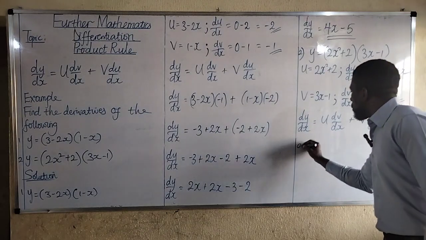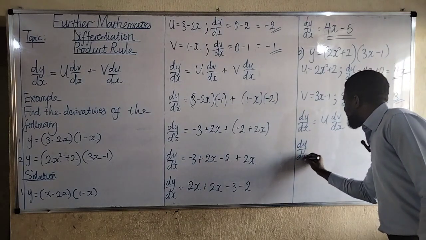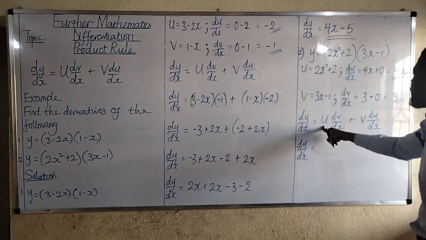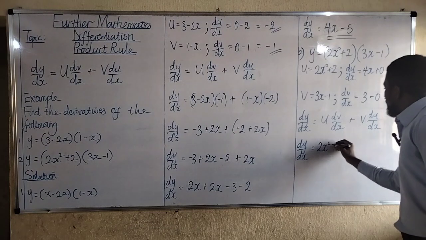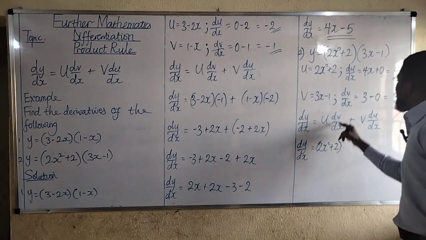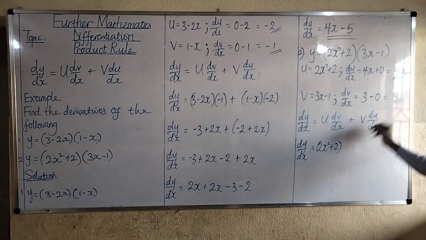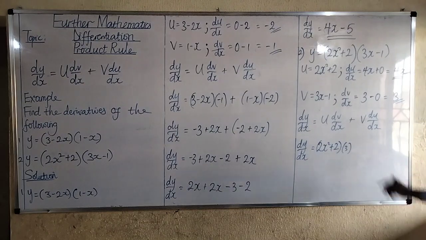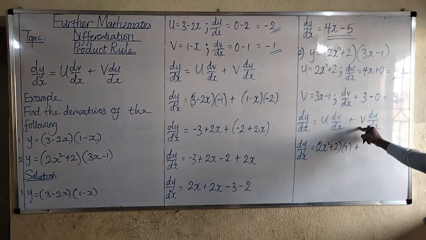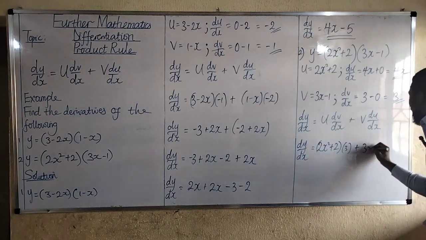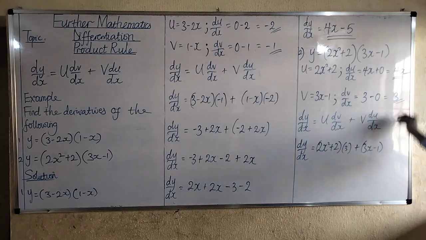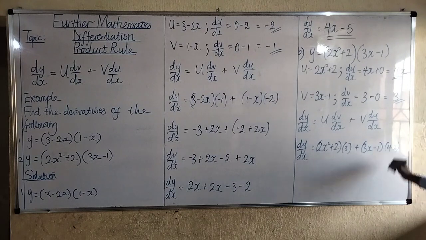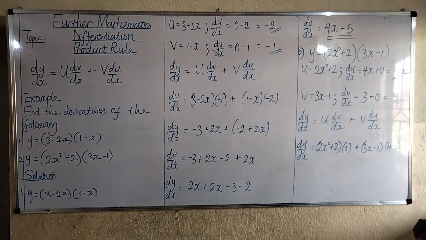Alright, we have our dy over dx. So, what is our u? Our u is 2x squared plus 2. Multiply it by dv over dx. dv over dx is 3. Bring down your plus sign. What is our v? Our v is 3x minus 1. Multiply it by du over dx. du over dx is 4x. Okay.